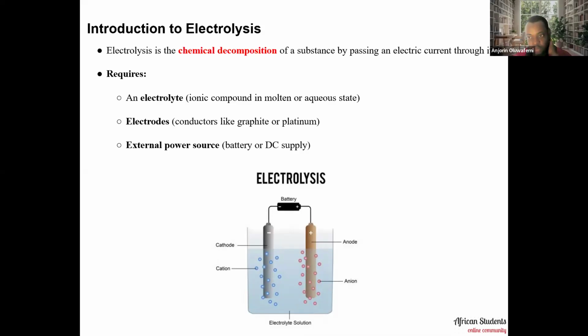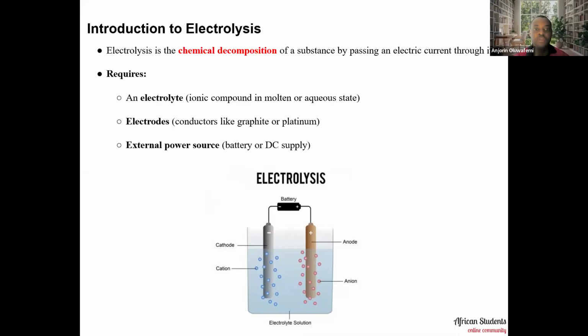The anode is positively charged. Then you have the electrolyte, which is the ionic compound that is in molten or aqueous state, and then we have the external power source. So this is basically how an electrolysis setup looks like. You understand?